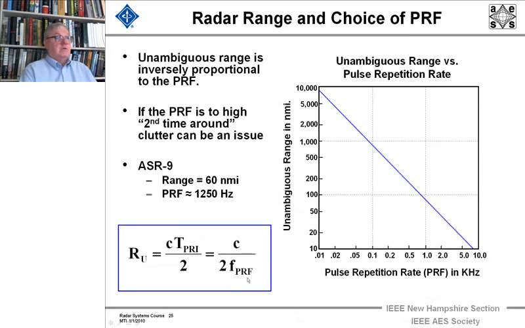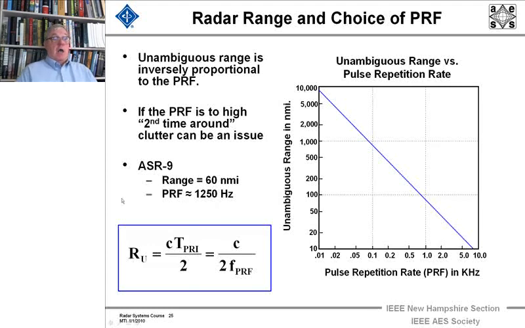It goes inversely proportional. For an airport surveillance radar of the class we use these days, ASR-8s or 9s, the range we want to see out to is about 60 nautical miles. And if we want an unambiguous range of 60 nautical miles, we go over here and we see we have to keep the PRF about 1250 hertz or less.